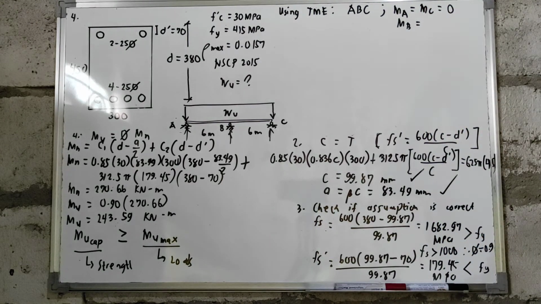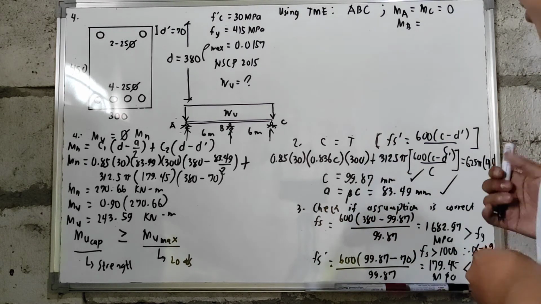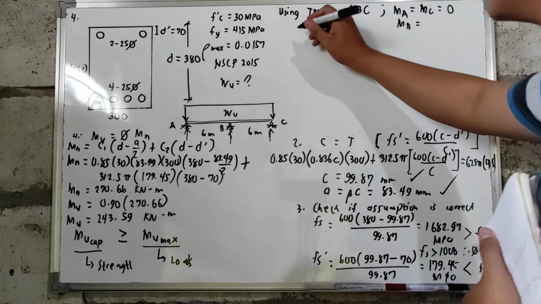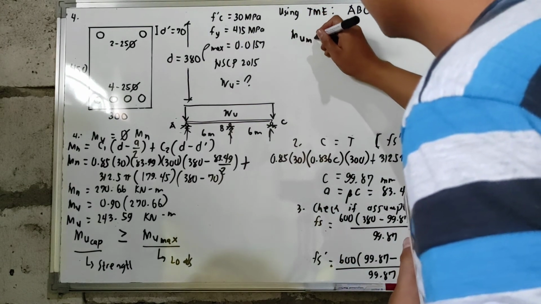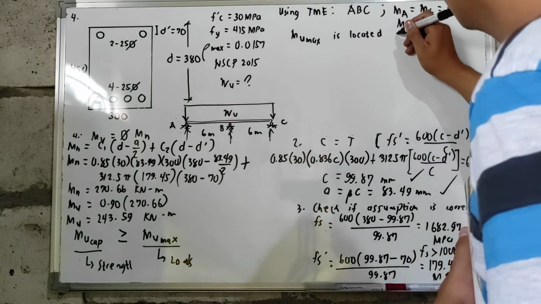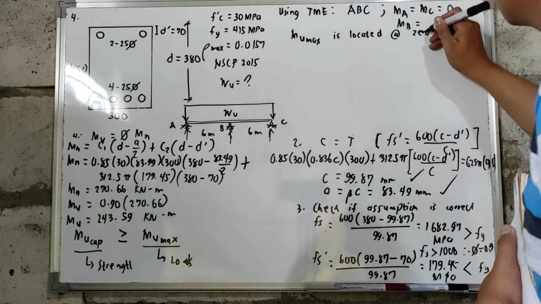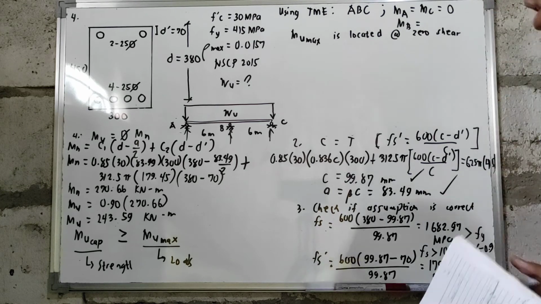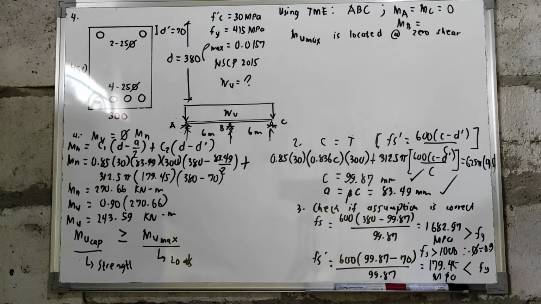And of course, sa pagkuha natin ng maximum moment natin, always remember na yung MU max natin is located at 0 shear. So meaning to say, yung maximum moment natin is located at 0 shear.